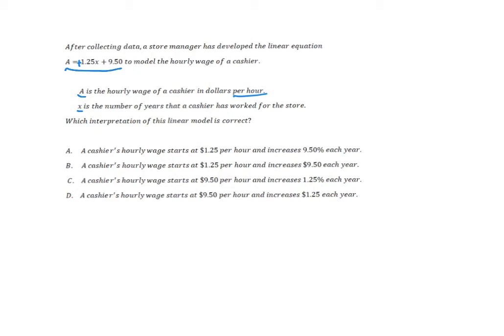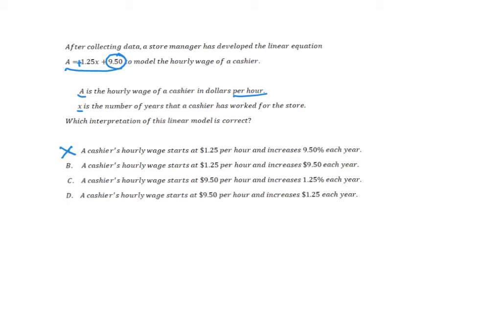Choice A: a cashier's hourly wage starts at 1.25 per hour and increases 9.50% each year. Well, actually, it doesn't start at 1.25. It starts at 9.50, right? So there's no way A will be right. And it increases by 1.25 each year. That's what the equation is saying.